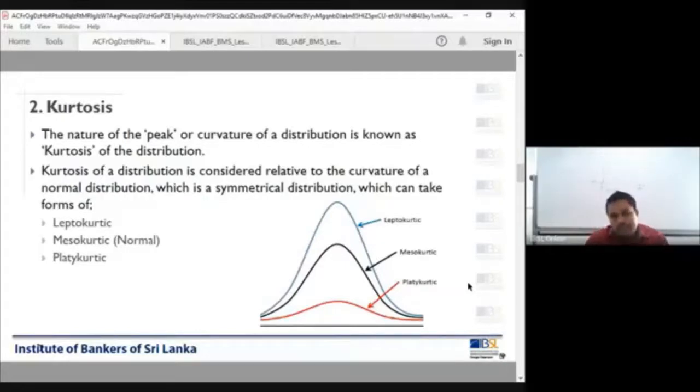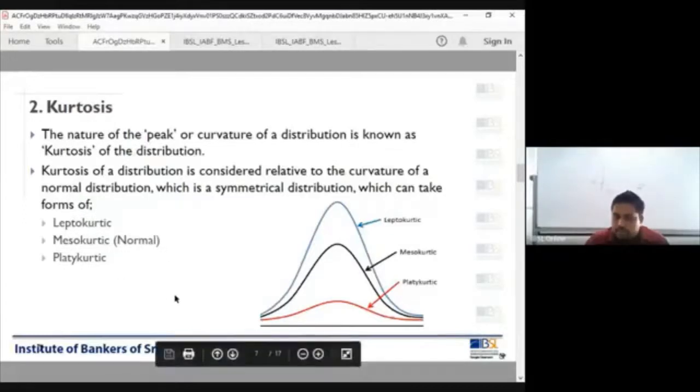Kurtosis of a distribution is considered relative to the curvature of a normal distribution. A bit of an important point here. We're going to consider it relative to the curvature of a normal distribution, which is a symmetrical distribution, which can take three forms, which we are going to discuss here. But let me take a moment here and explain what I meant.